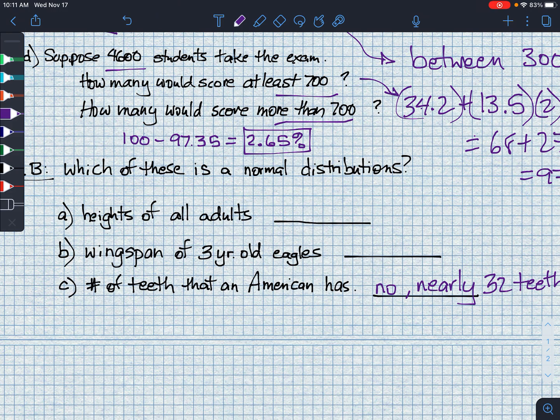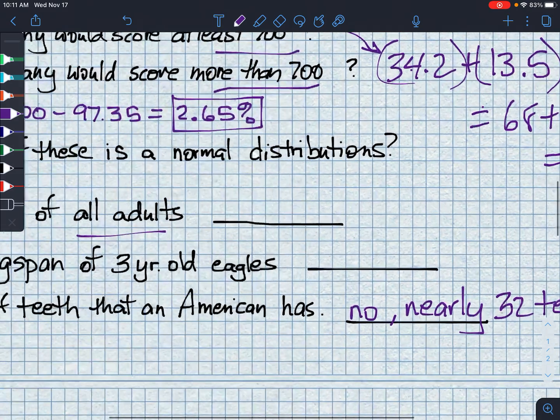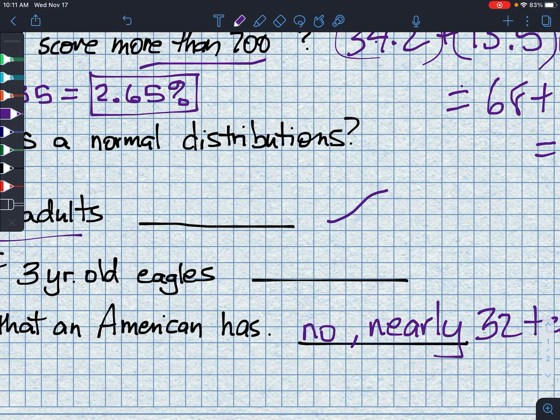What about the heights of adults? You would think that would be a normal distribution. But notice here we have categories of male and female, so you could actually have a bimodal distribution, where you'd have like 2 different heights, right? You could even have different cultural, like South Americans versus North Americans, like they don't necessarily have similar heights.